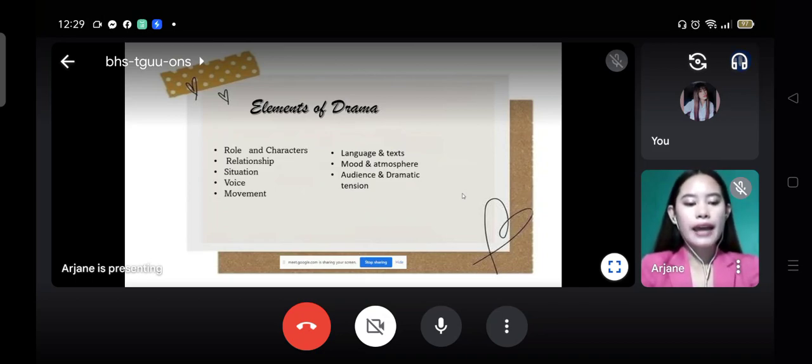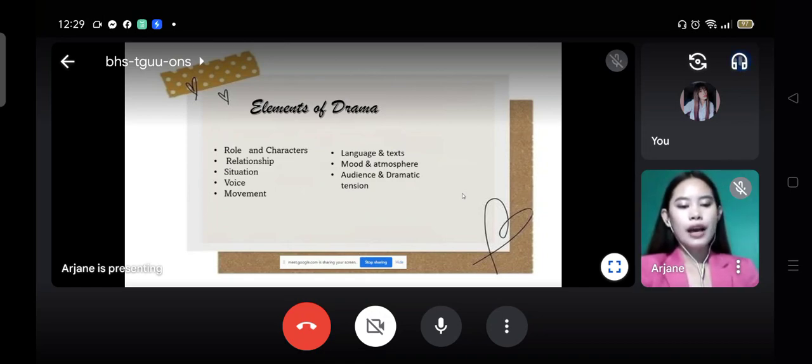Okay? And next to movement is the language and text. So it is the ideas and dramatic meaning or the choice of linguistic expressions used to create dramatic actions. So in Filipino drama, the language being used is usually multi-language. It also depends on the characters and the scenario.